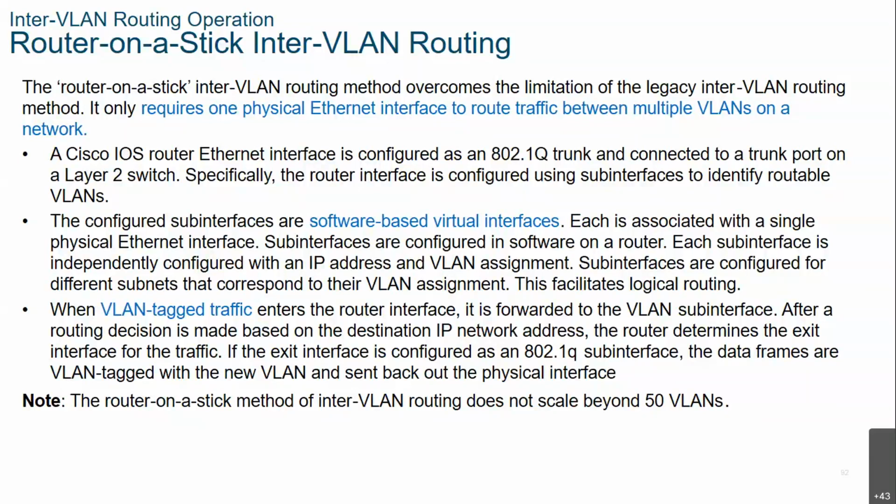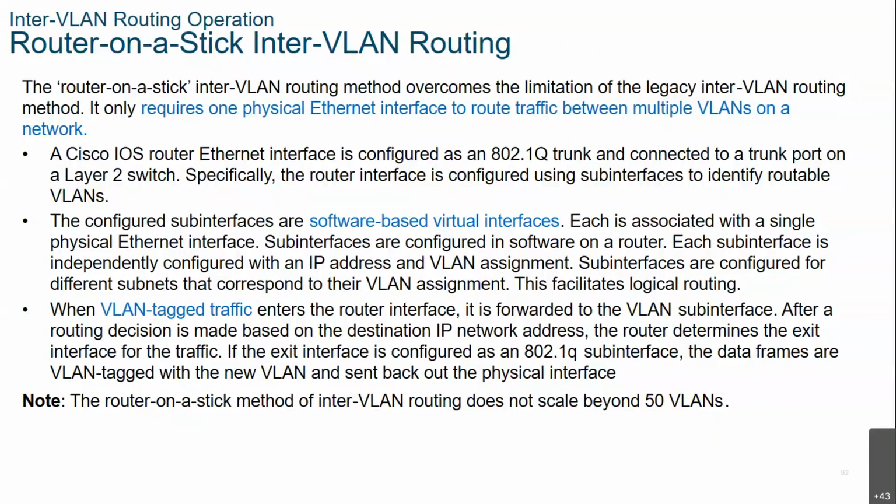to the destination. Now, one thing about router on a stick is that while it works better, of course, it's way better than the legacy inter-VLAN routing, it doesn't scale very well beyond 50 VLANs. So if you have virtual VLANs, the sub interfaces, if you have more than 50, it doesn't scale well anymore. Okay? Because imagine if your routing table has 50 lines or 100 lines, it will take a long time for it to go through and find, right?